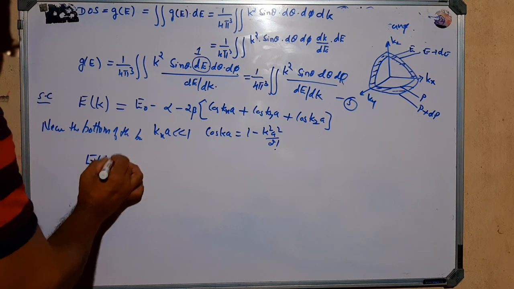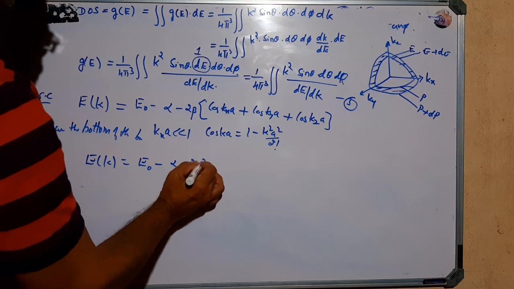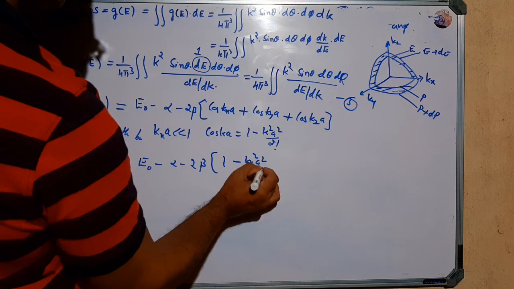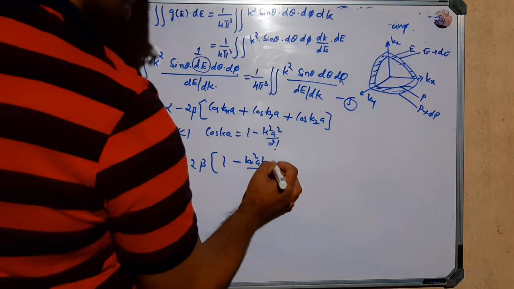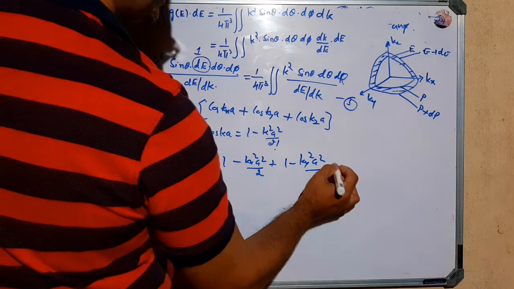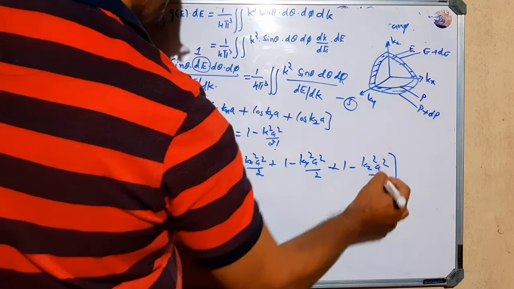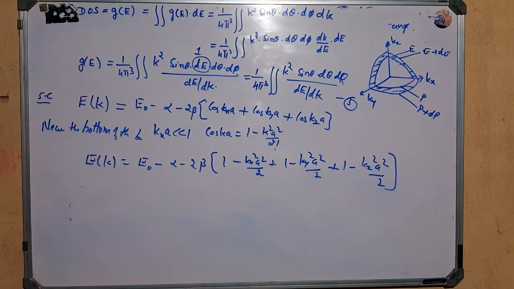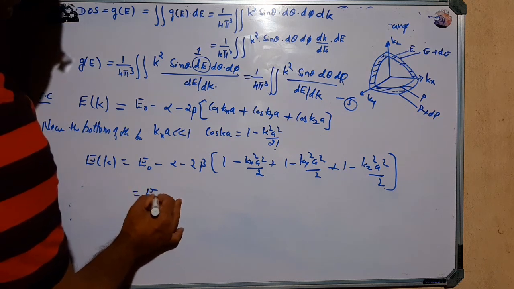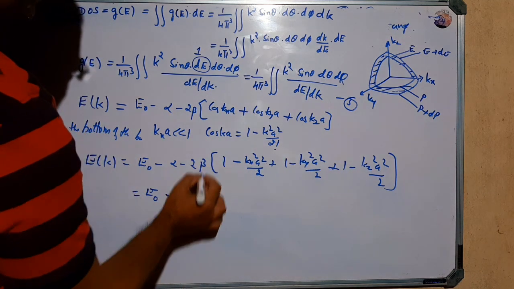E of k is equal to E naught minus alpha minus 2 beta, 1 minus kx square a square divided by 2, plus 1 minus ky square a square divided by 2, plus 1 minus kz square a square by 2. So in the next step it becomes E naught minus alpha minus 6 beta, since 1 plus 1 plus 1 is 3 into minus 2 beta.